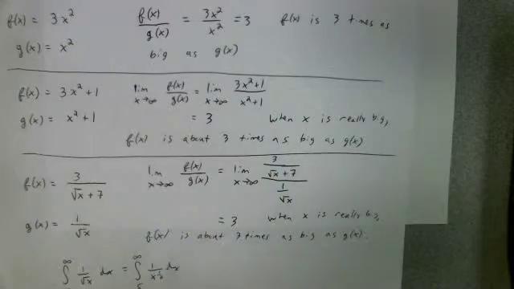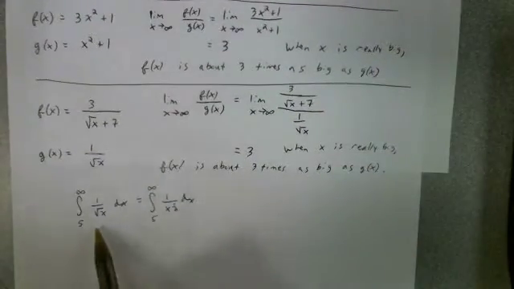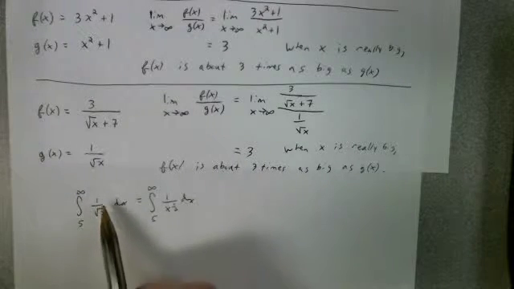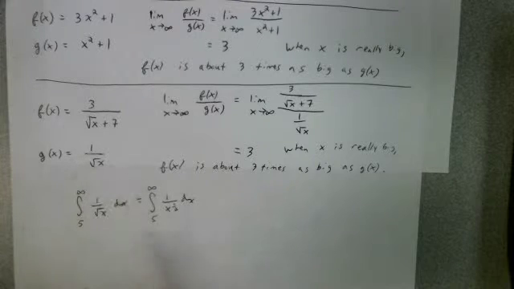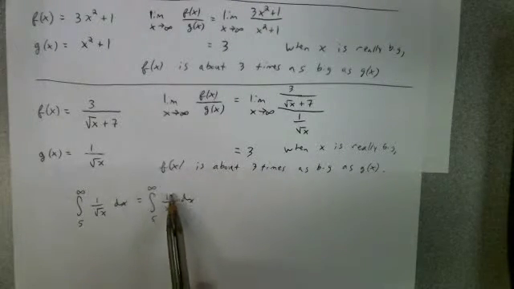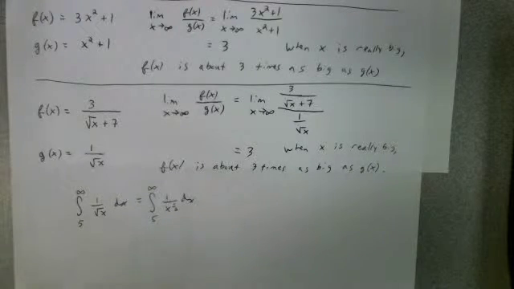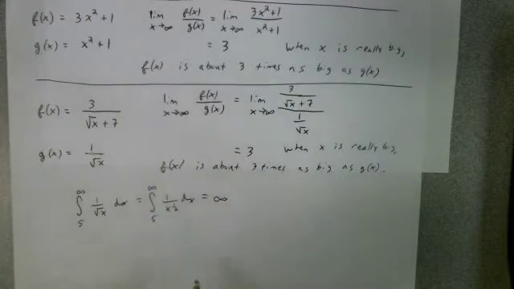Okay, let's look at this integral now. The integral from 5 to infinity of 1 over root x. So I'm integrating g. So that's the integral from 5 to infinity of 1 over x to the 1/2. We know this integral is infinite.